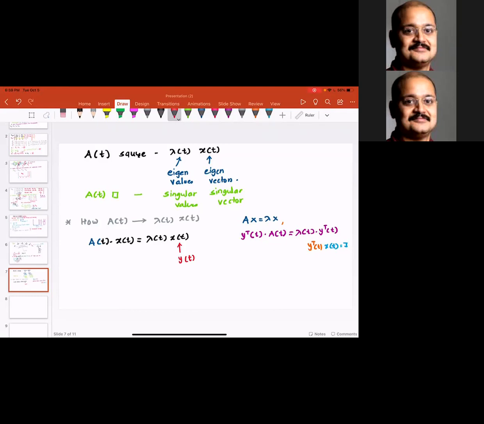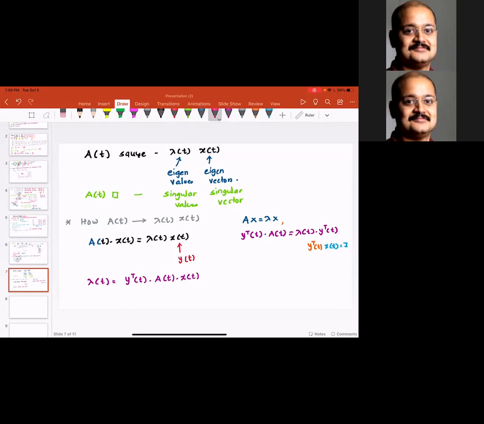So with this, that gives me the equation. How do we find the value of lambda of t? To find the time varying eigenvalues, we find this time varying eigenvector, multiply it by the A matrix, and multiply by the eigenvalue.